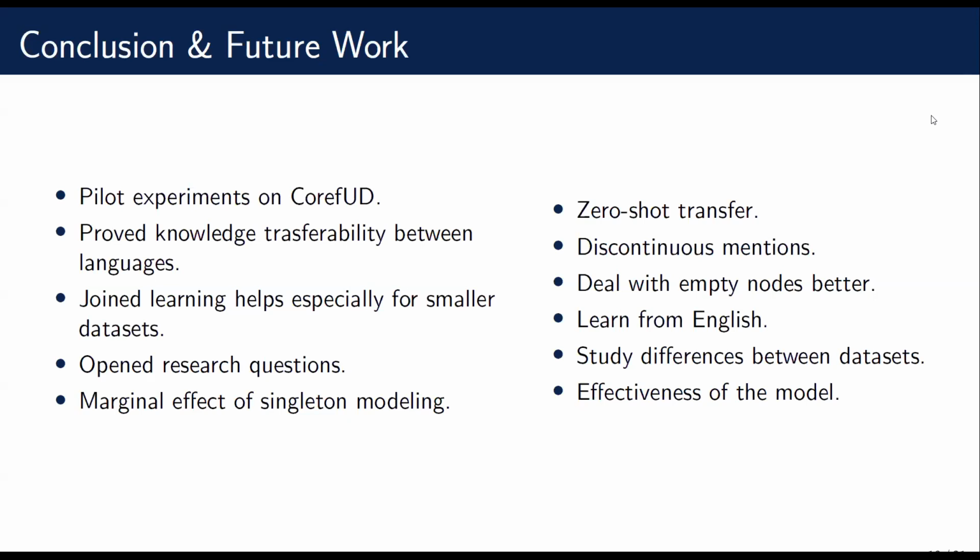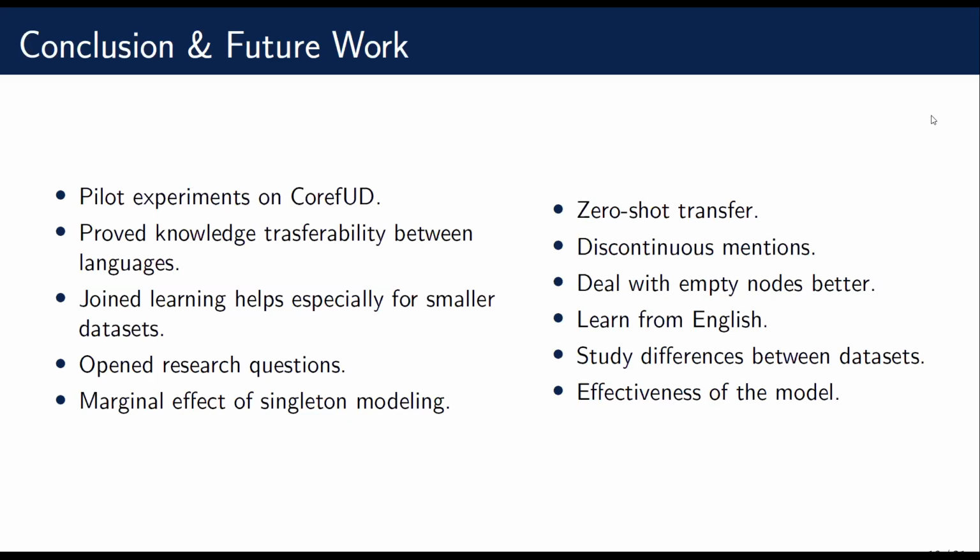And there are some open research questions. For example, we want to deal with zero-shot transfer. For example, try to predict the coreferences on languages where we don't have any training data. We want to incorporate discontinuous mentions in the model.